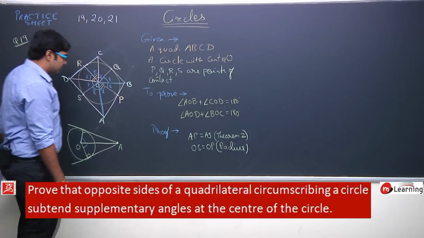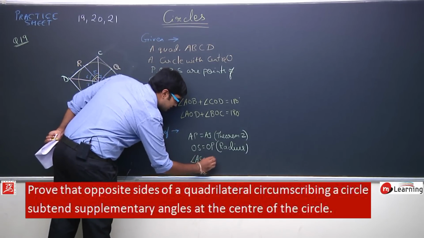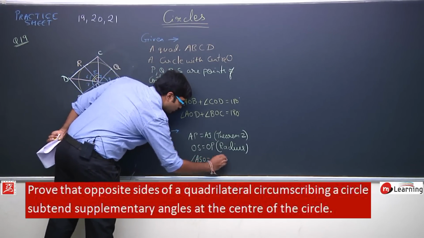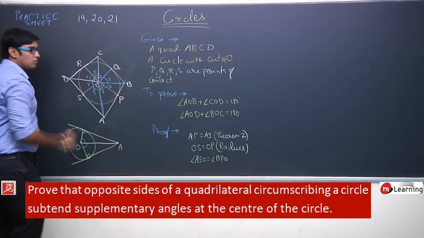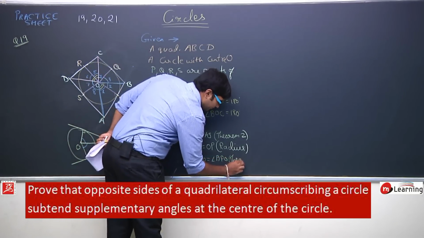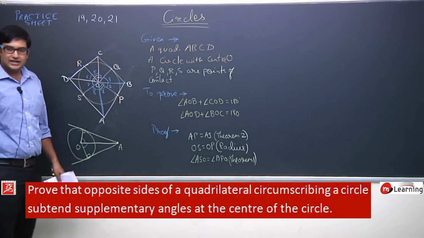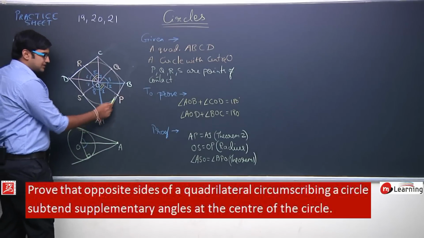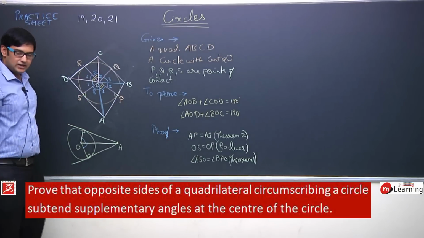Third, angle ASO is equal to angle APO. Both angles are 90 degrees because of theorem 1. Each angle is 90 degrees, and both are equal.